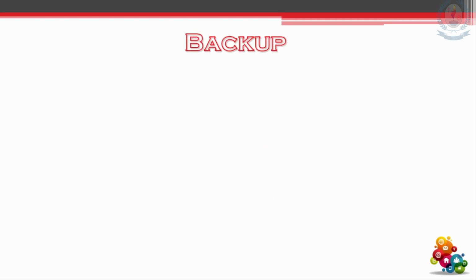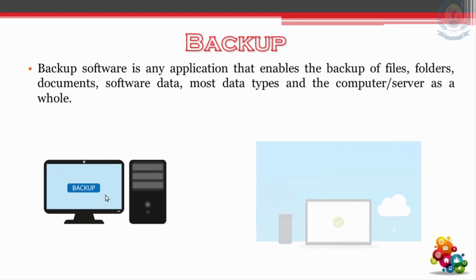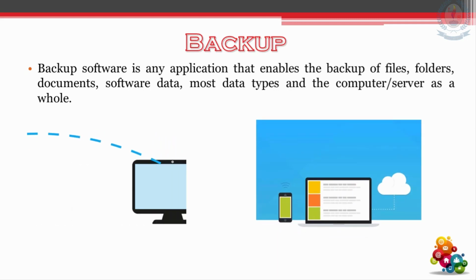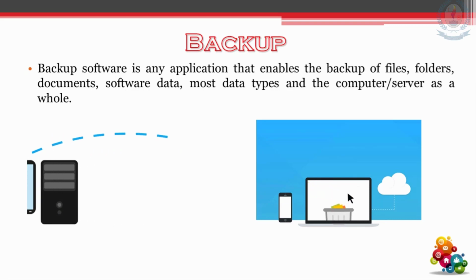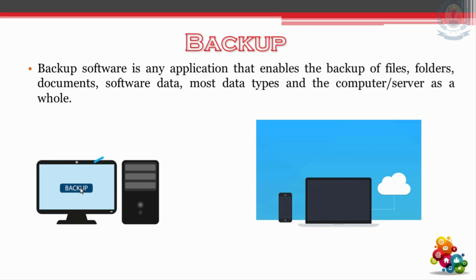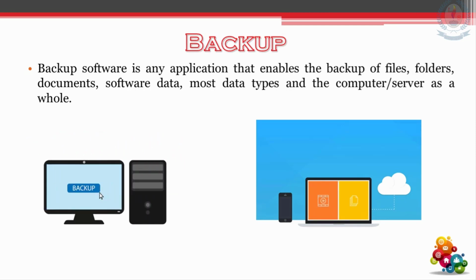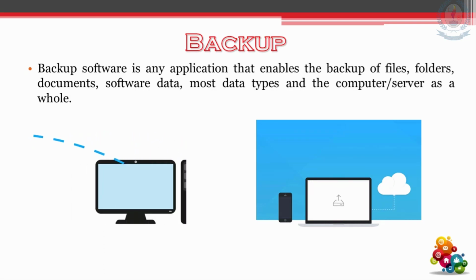So children, from this slide I am going to explain what a backup is. Backup software copies data from a single machine or from selected computers in a network to a storage medium. At periodic intervals, a backup of the entire hard drive or selected files and folders can be performed.